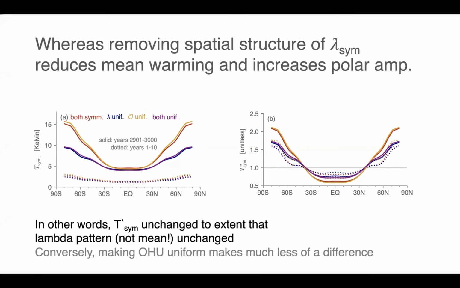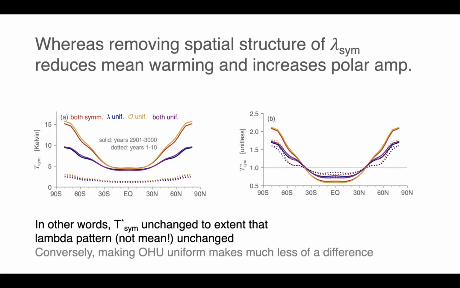So starting with the symmetrized versions of the simulations in the red curves here, we then make one or the other of lambda or the ocean heat uptake uniform for the different timescales, but maintaining its global mean. And now we're only showing, in dotted, the first decade and, in solid, the roughly 3,000 year timescale responses.